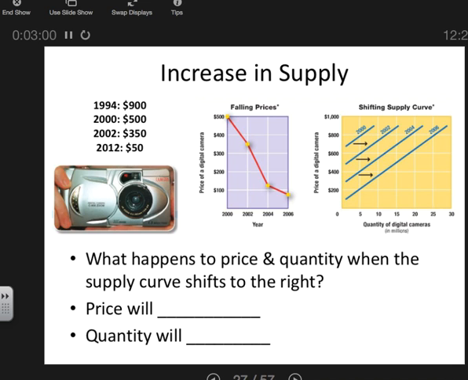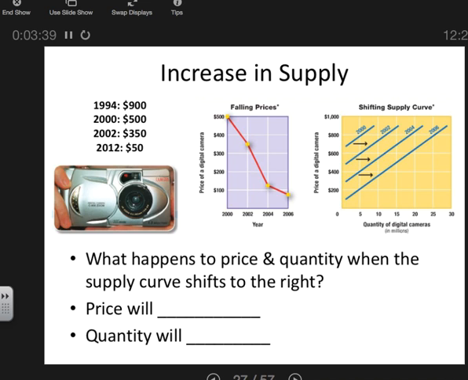And whenever it moves to the right in our graph, would the price increase or would it decrease? And same thing with the quantity. Would it increase or decrease when it comes to this? So price will what? Increase or decrease? So let me show you a visual. So here is our graph here.